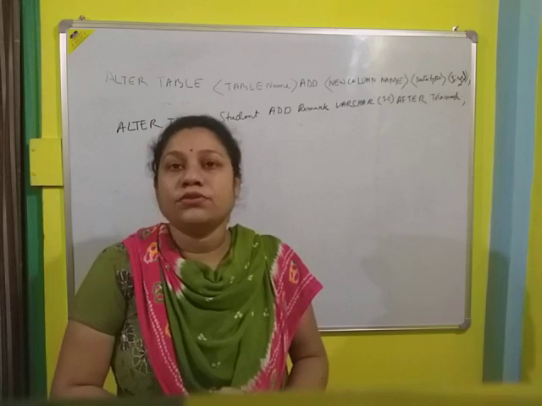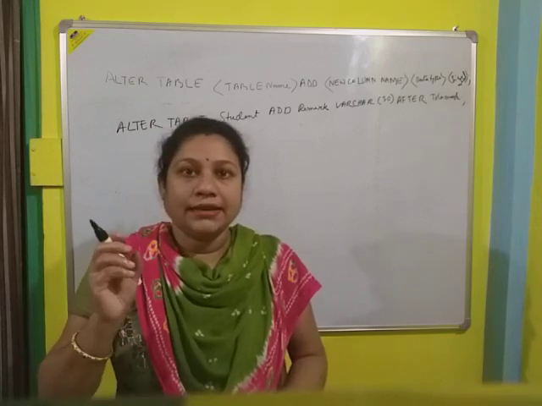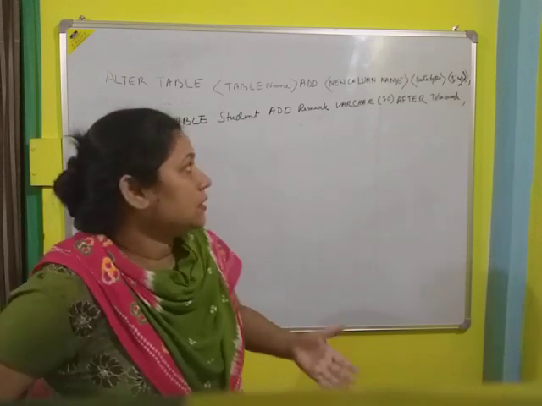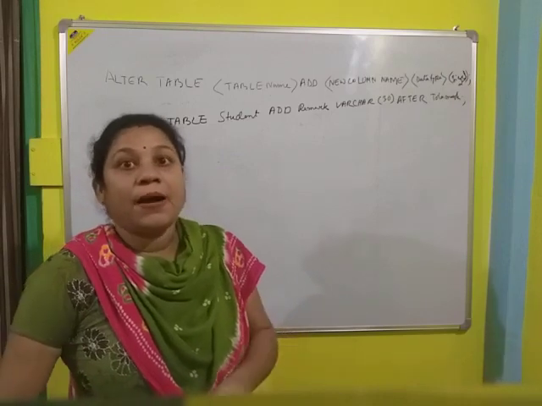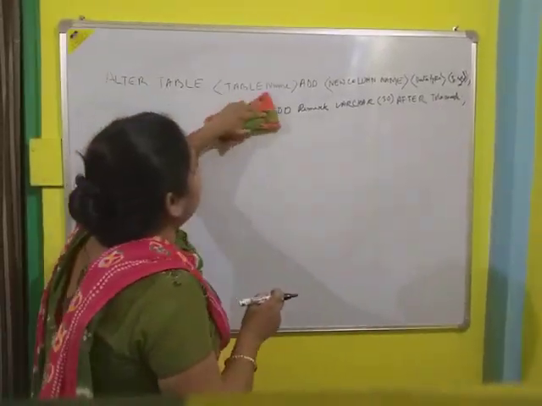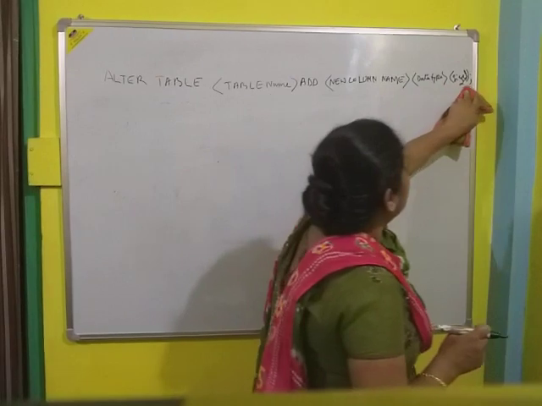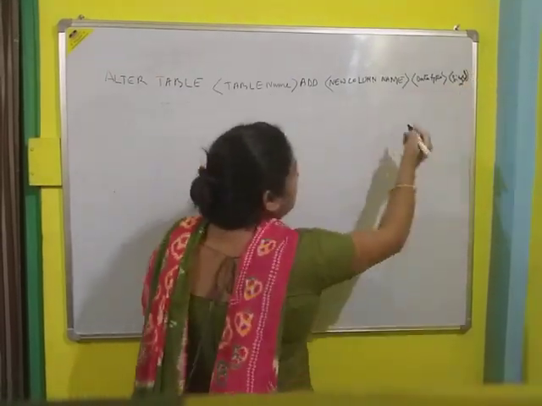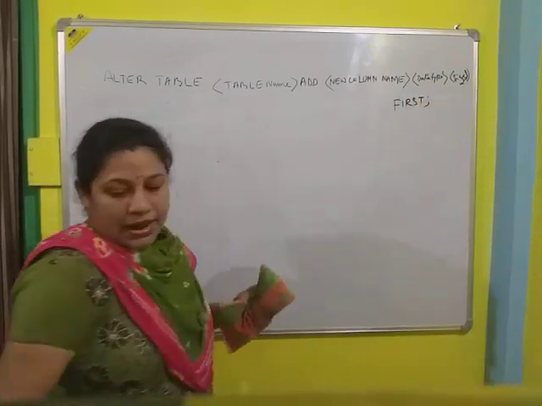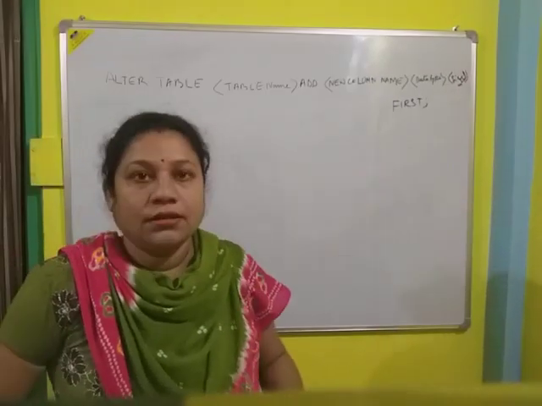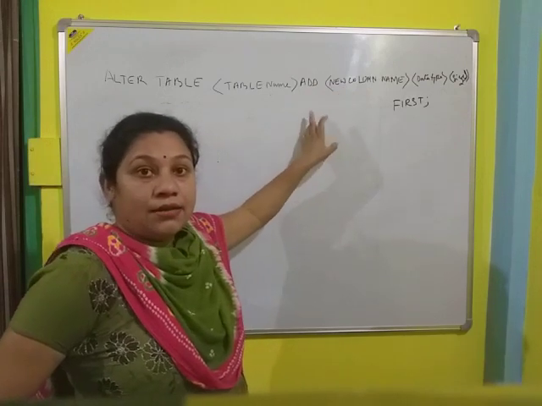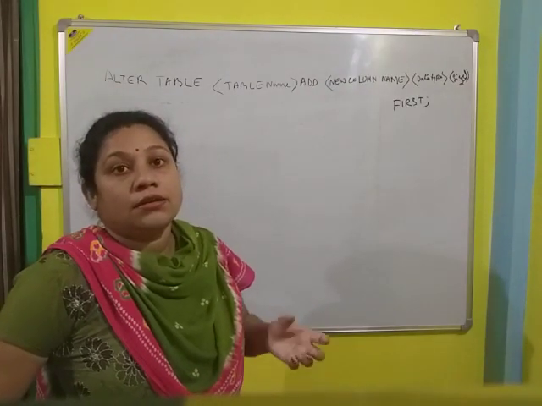That means using the after command you can put the column in a specific location. Or if you want to put a new column as the first column of the table, then you use the first command. How to write it? Alter table, table name, add column name, after the size you write the first command. When you write this first command, this command will put the new column at the first position of the table structure.